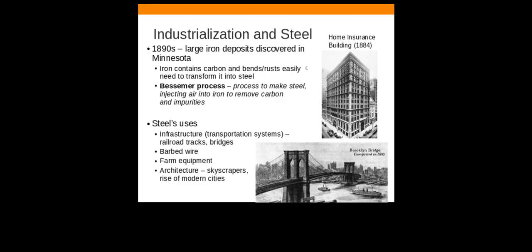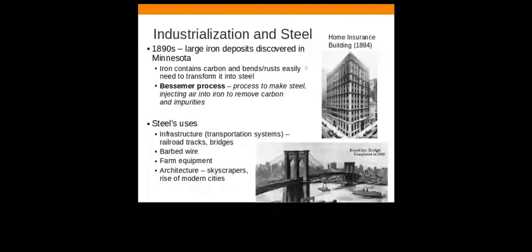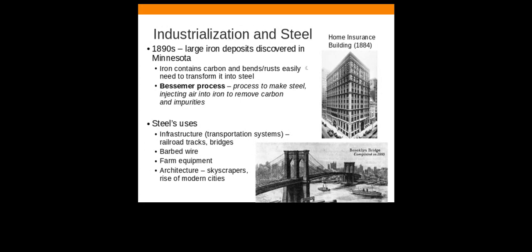Now we also have steel. So this ability to start using steel in production. So in the 1890s, we discovered these really large iron deposits in Minnesota. Now iron contains carbon, and it bends and rusts pretty easily.